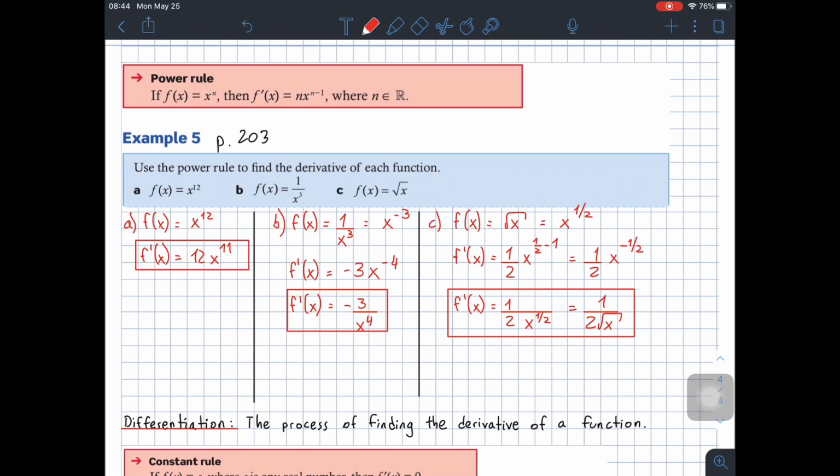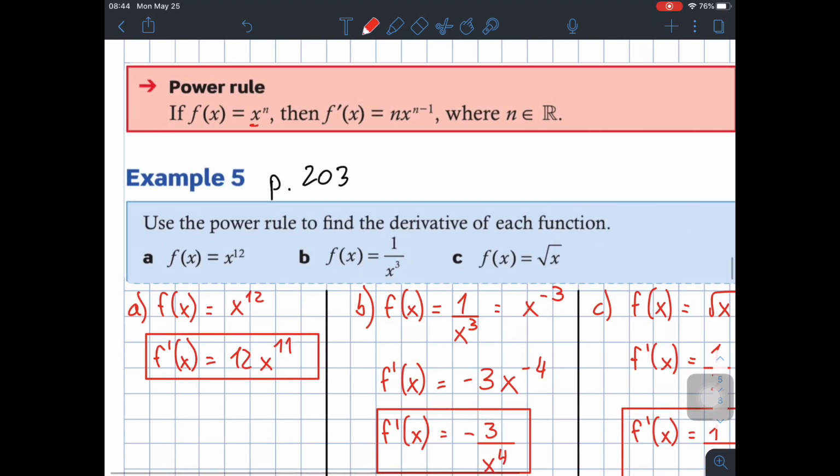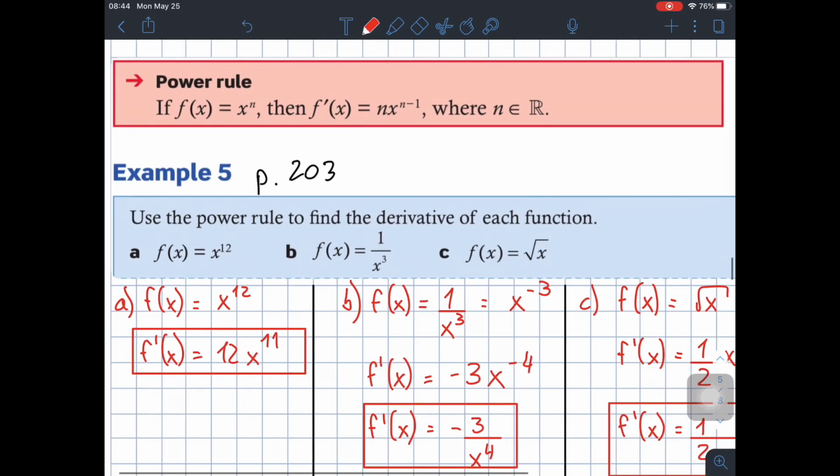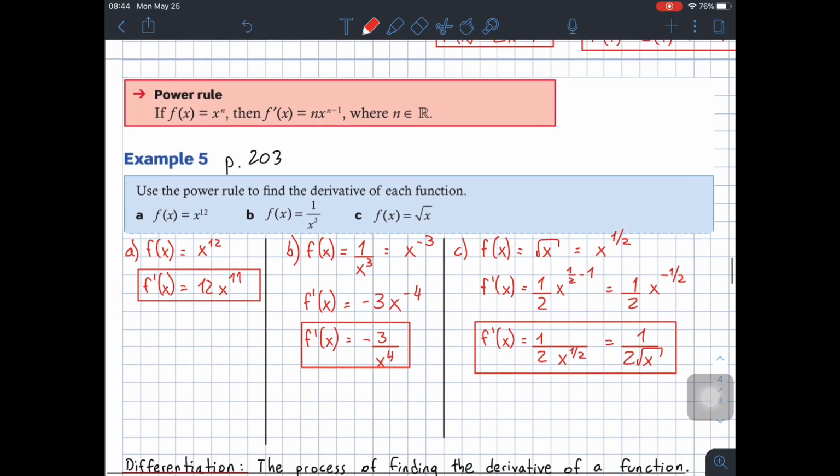So we've seen this power rule, and we said that if a function was x to the power of n, where n could be any exponent, then its derivative function would be equal to n. We remember the rule. We take the exponent down here, and then the exponent decreases by 1, right? So if f of x is x to the power of n, then the gradient function is n times x to the power of n minus 1, where n is a real number, right?